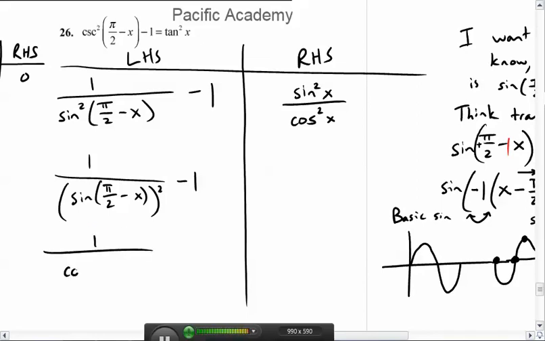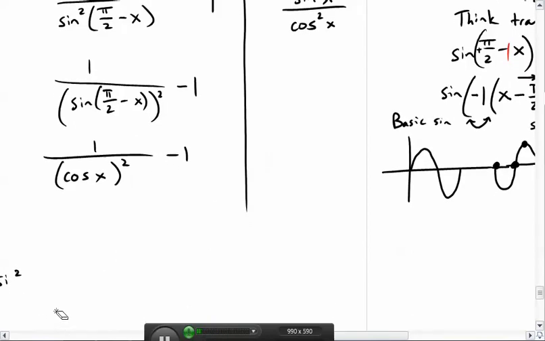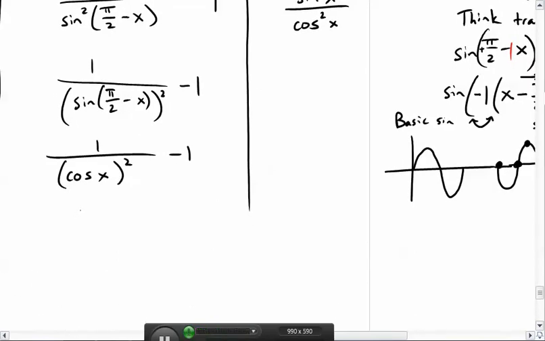This is 1 over cosine x squared minus 1, which is the same as 1 over cos squared x minus 1. So now I want to make a common denominator, so I'll change the number 1 to cos squared x over cos squared x.